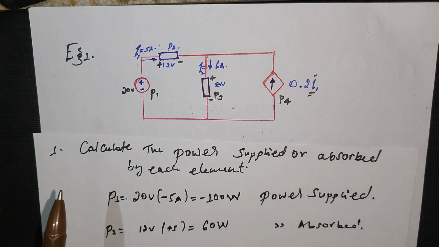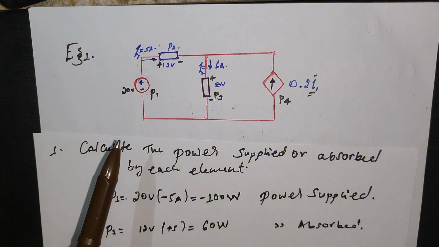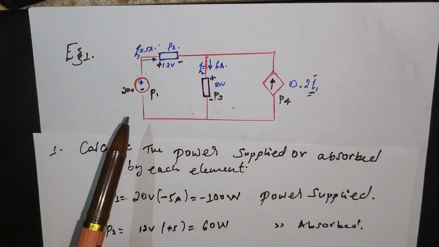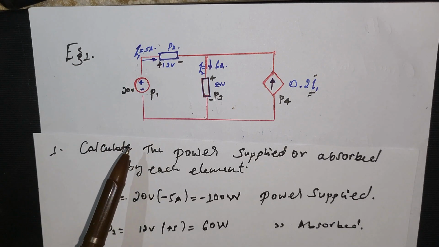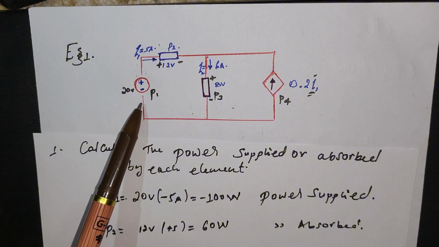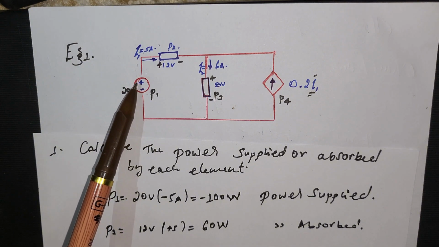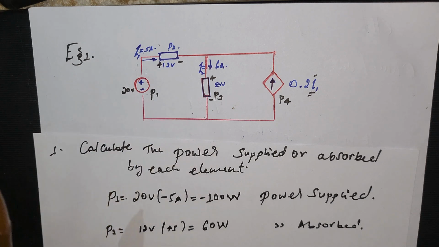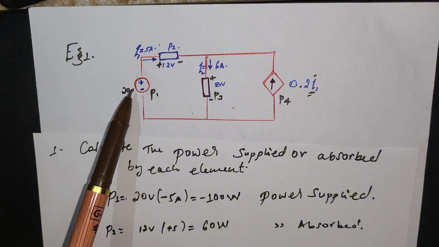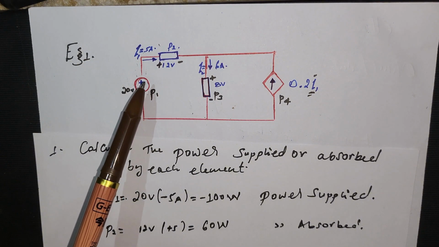There is something we need to consider when you calculate the power, that is the sign convention. We have learned in the theoretical part that when the current enters into the positive terminal of the element, the power is said to be absorbed, and that power is positive.